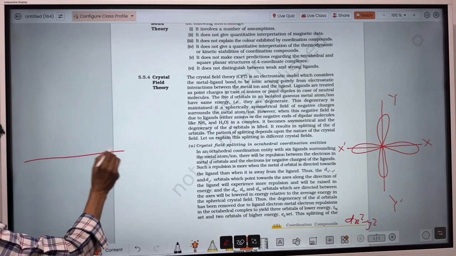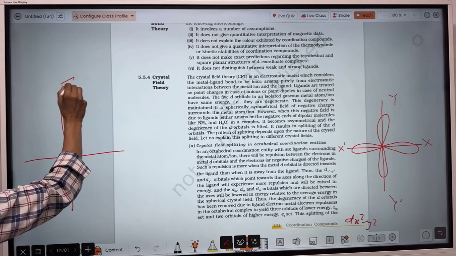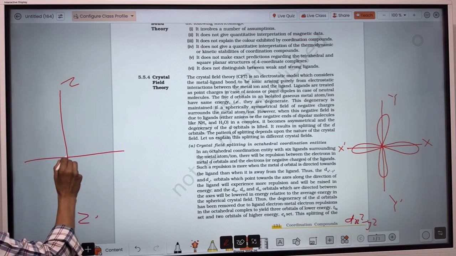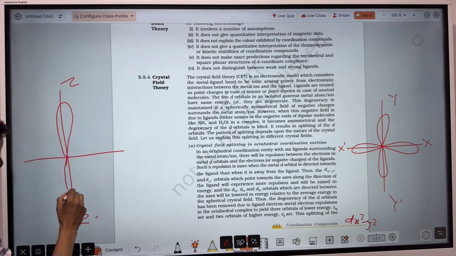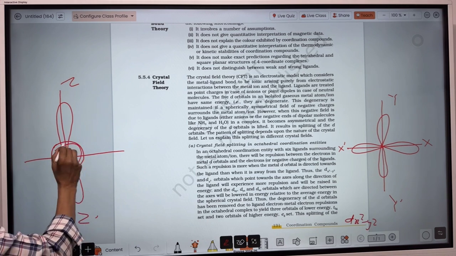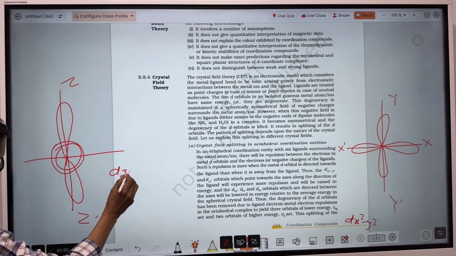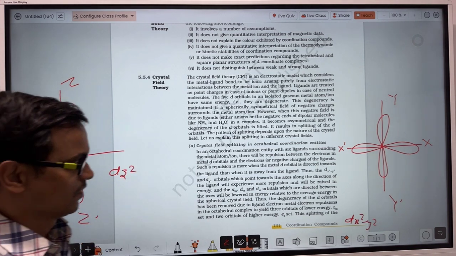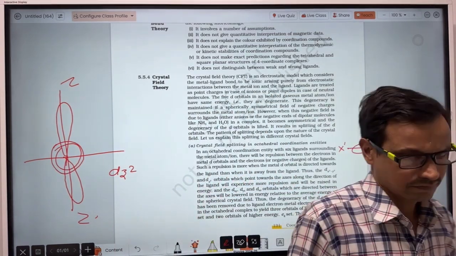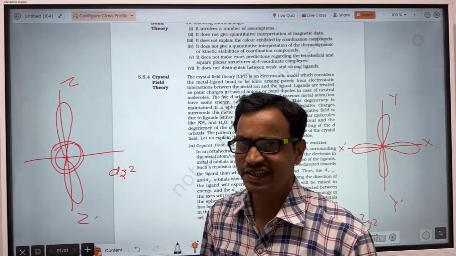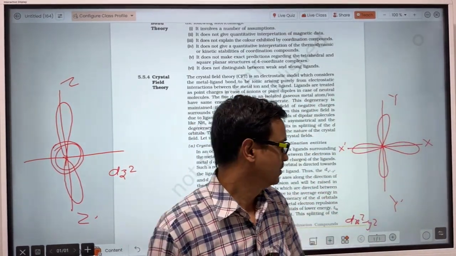Here it is the z axis, z dash. One lobe will be along the z axis and the other will be around the origin. It is dz square. So what happened here in dxy, dyz and dxz?